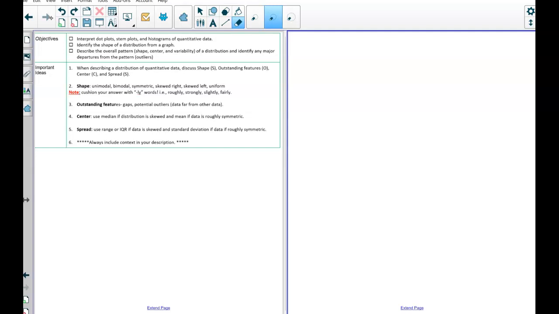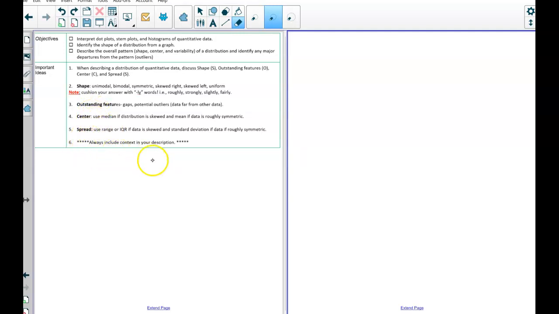So today our objective was to interpret dot plots, stem plots, and histograms. They are dealing with quantitative data. We were working on identifying the shape of the distribution. And we also wanted to learn how to describe the overall pattern. And whenever you describe your overall pattern, you have to include the shape, the outstanding features, the center, and the spread.